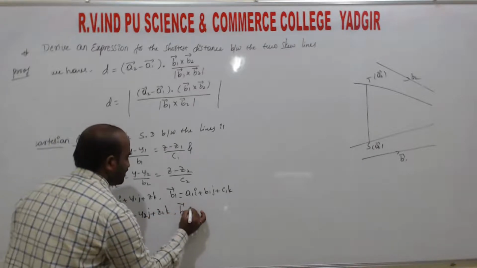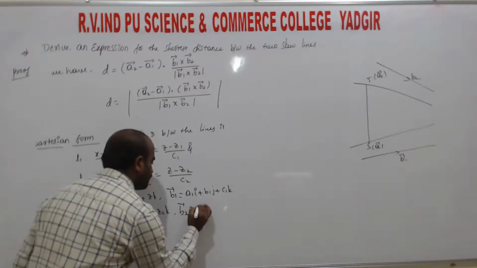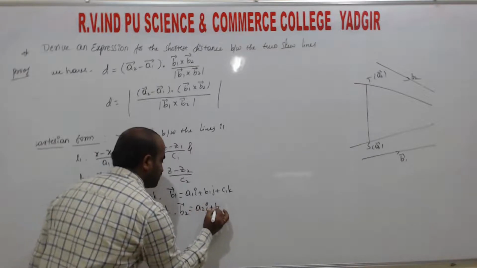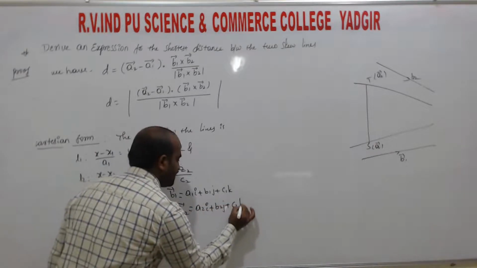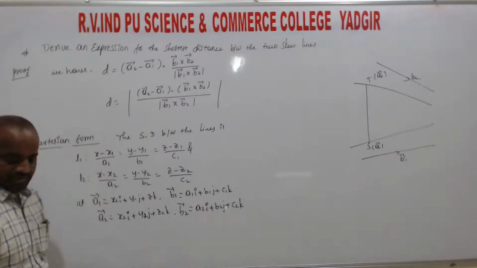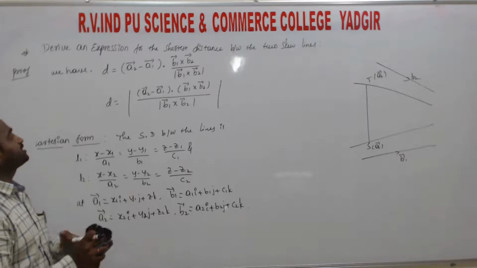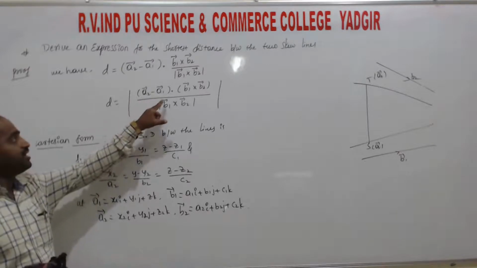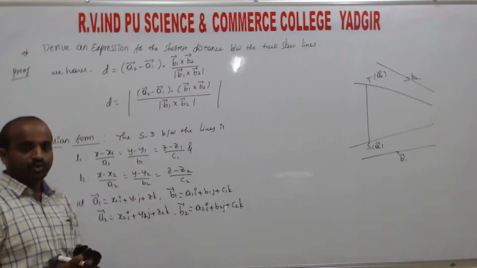B2 vector is the direction of the second line: a2 i plus b2 j plus c2 k. We take the vector form A2 minus A1 dot B1 cross B2.